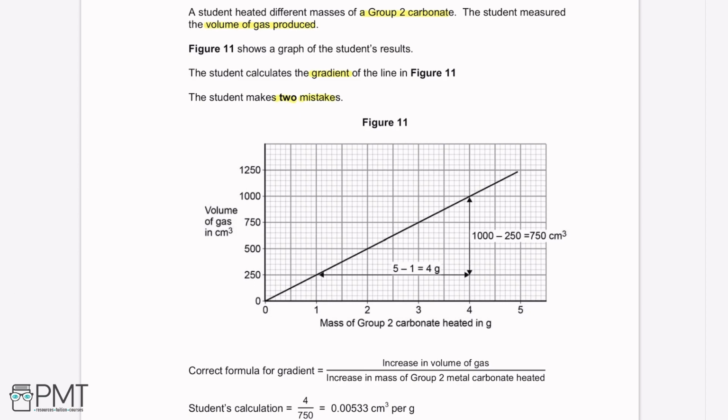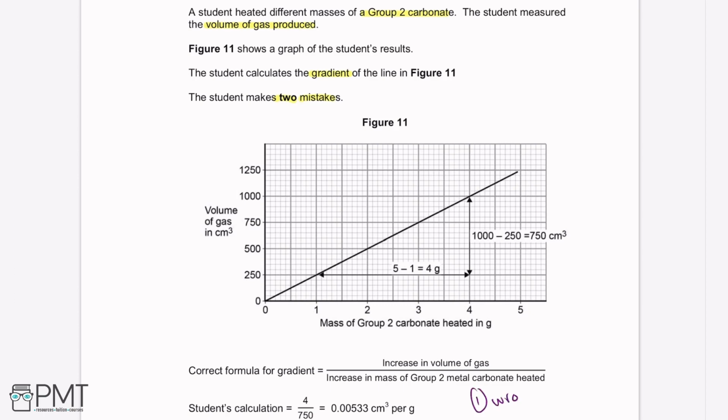So we can also see that they've put 750 on the bottom and this 4 on the top. So hopefully you can see that actually they have inputted the numbers the wrong way round. So there's the first mistake we've spotted.